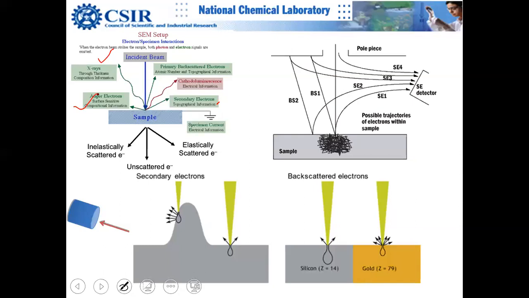Like X-rays, which come from core electrons being knocked out, and then electrons from the top orbitals take the position of those vacant energy levels, and you have generation of X-rays. If you have a detector for X-rays, then you get composition analysis from X-rays as well.